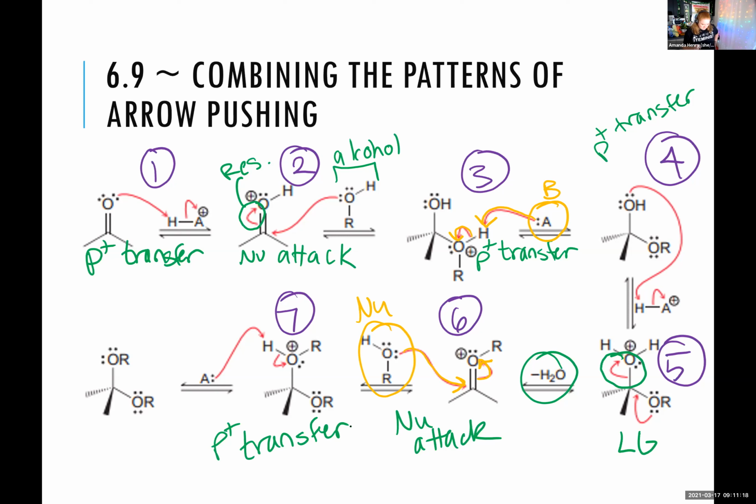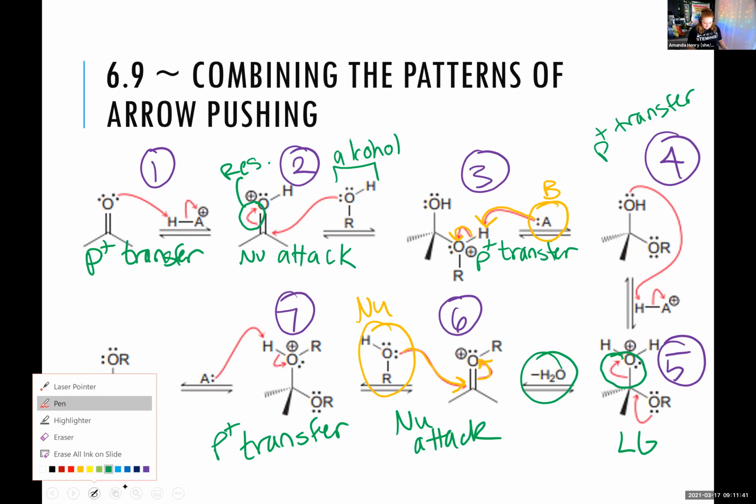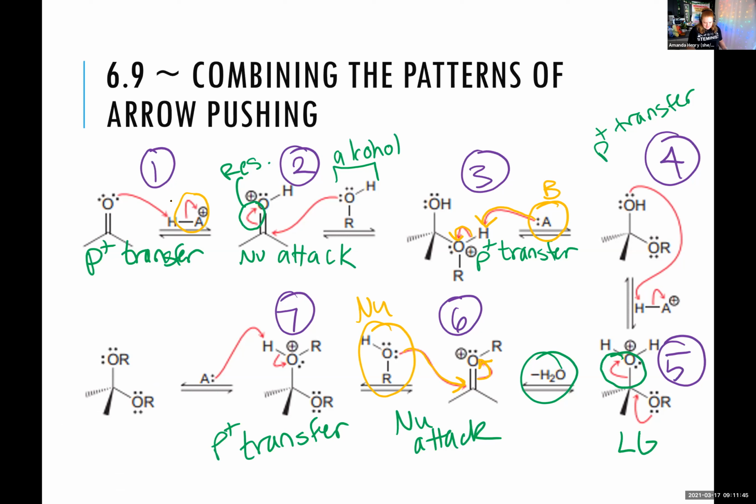Questions? Oh wait, yeah. Do we always look at the bigger arrow? No, not necessarily. The only reason there's a difference in arrow sizes is because one arrow is within a molecule, and the other arrow is between two different molecules.